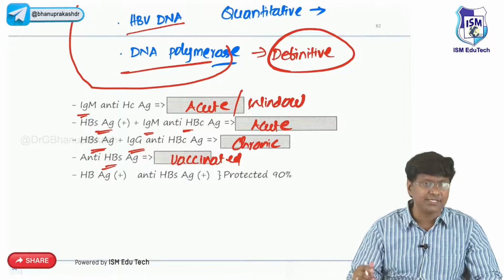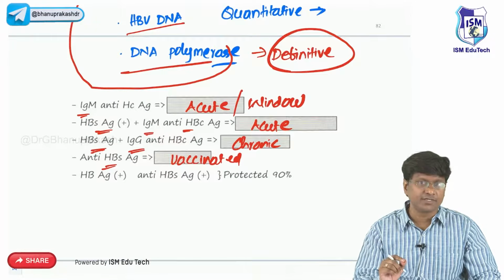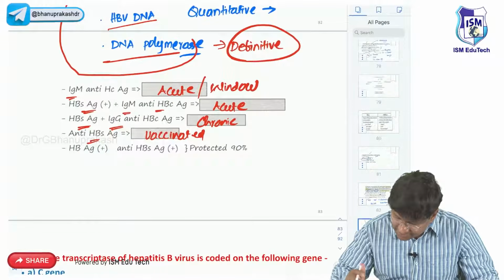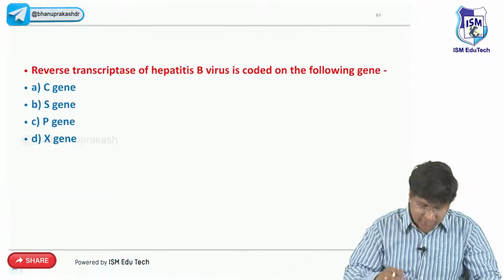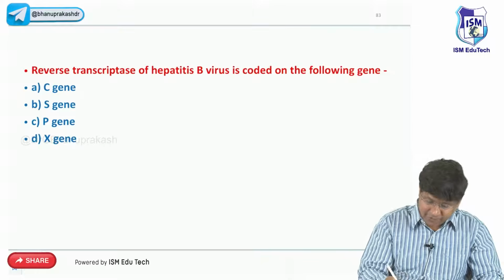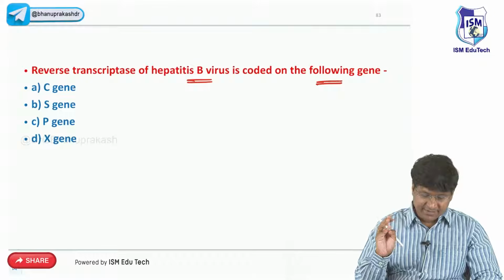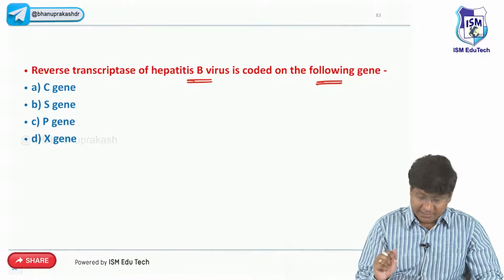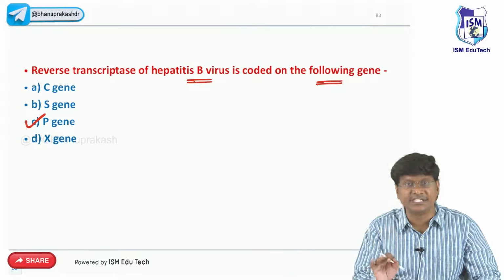Now the next important thing is related to treatment. But before that, there is one question which has been asked previously related to the gene. Reverse transcriptase of hepatitis B virus is coded on the following gene: C gene, S gene, P gene, X gene. Remember, it is the P gene which is the largest gene.